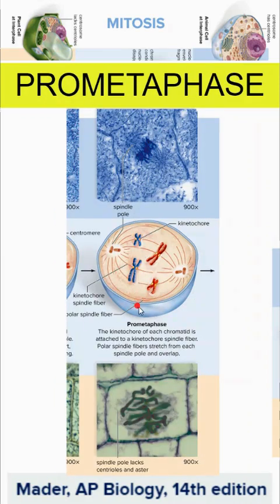In prometaphase, you have the centromere, where the sister chromatids are attached, kind of wound into each other, and we have the kinetochores starting to be attached to spindle fibers here. The kinetochores are little protein clusters located at the centromeres of the chromosomes.